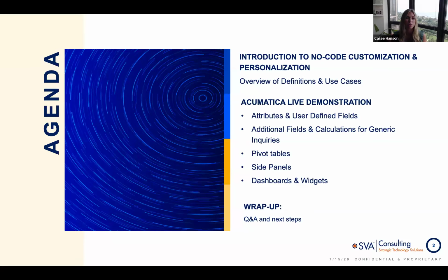And then we'll go through some use cases of when we would start to use those compared to the other features of Acumatica. Then we'll get into the live demo, showing you use cases and real-life examples of how we can use all of those. And then we'll wrap up with the Q&A and the next steps as well.